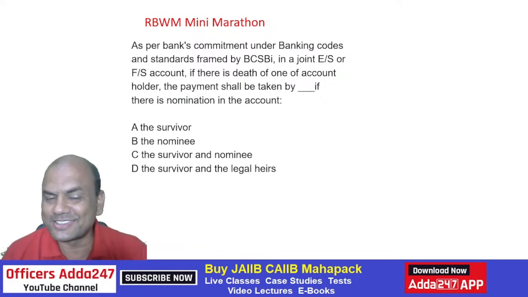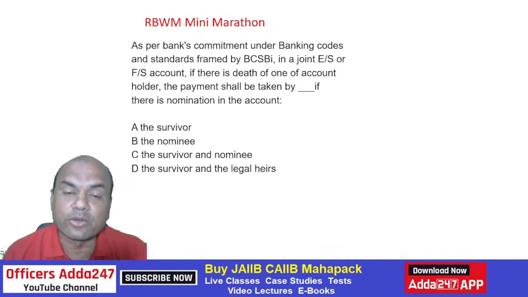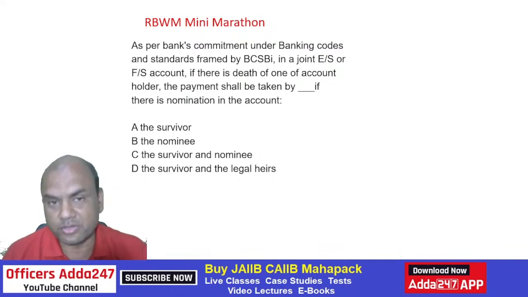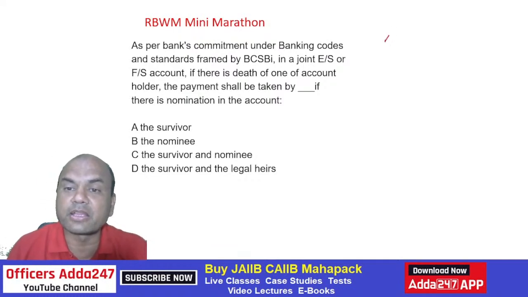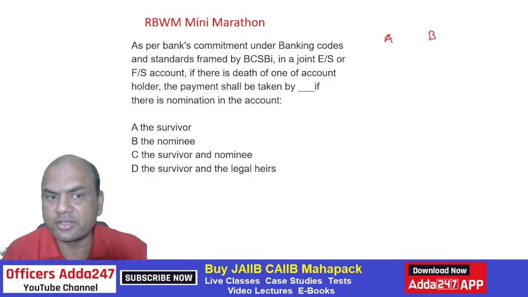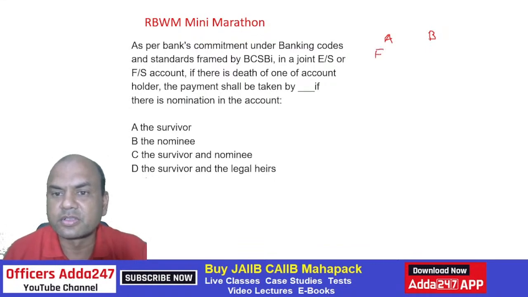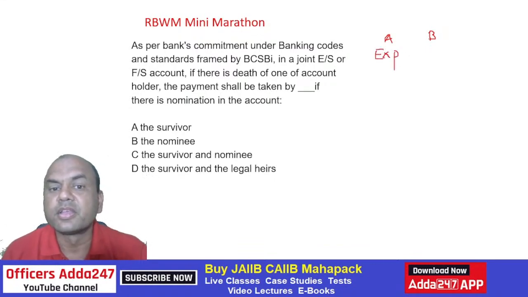Again a twist, isn't it? Earlier case was what? Payment will be given to the second owner as a what? That was the question. But here what is the question? Here the question is A and B are the account holders, and it is ERS or FRS. Now A expires. The payment shall be taken by dash if there is nomination in the account.